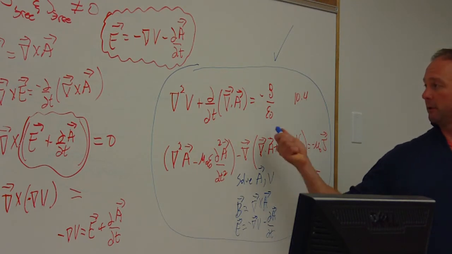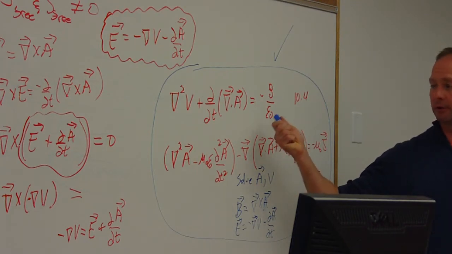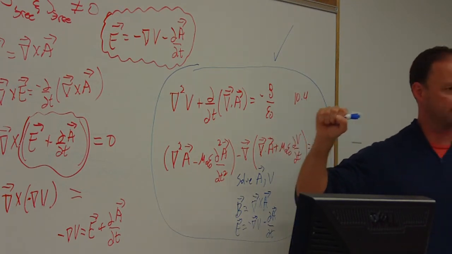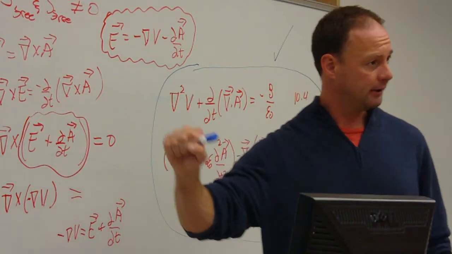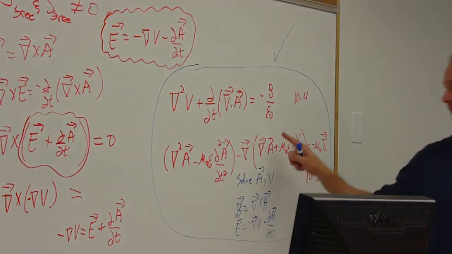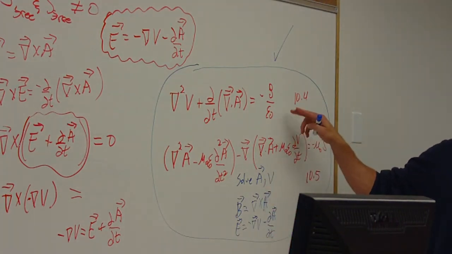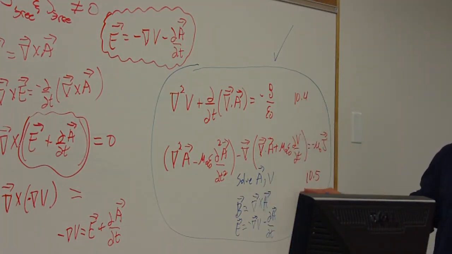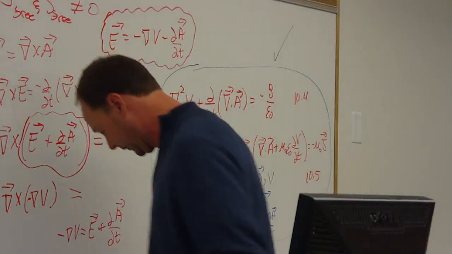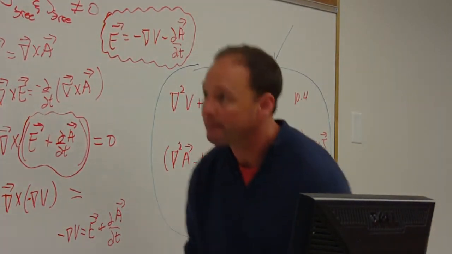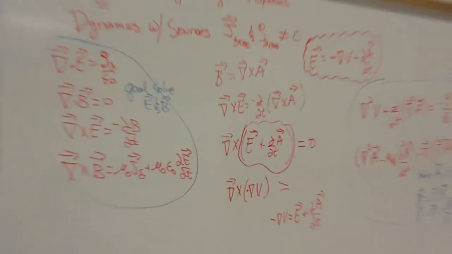The next thing we want to do is, eventually, solve for the electric and magnetic field of a point charge that's moving. But in order to do that, we have to figure out how to solve equations 10.4 and 10.5. So we're going to do another trick there, and that's what we're doing today.